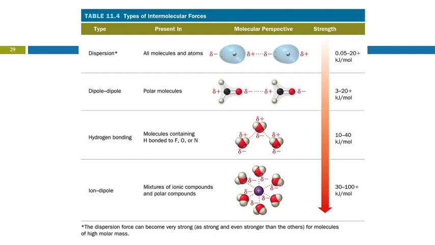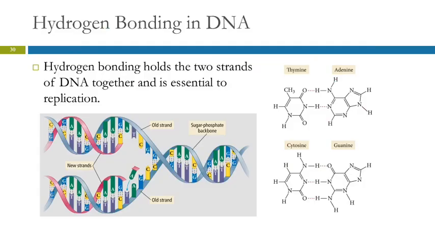It is important to understand, as we see this little asterisk down here, the dispersion force can become very strong, as strong and even stronger than the others for molecules of high molar mass. So like I said earlier, we have to be careful what sort of comparisons we make. I have to go with other things being equal.